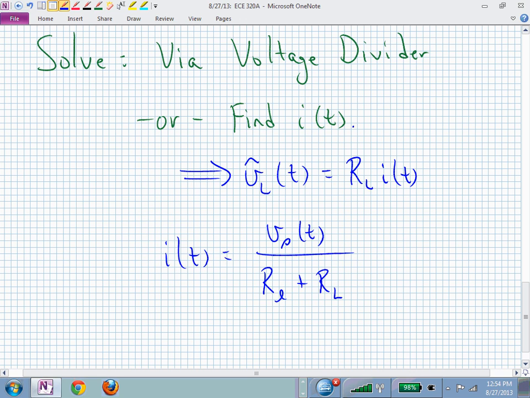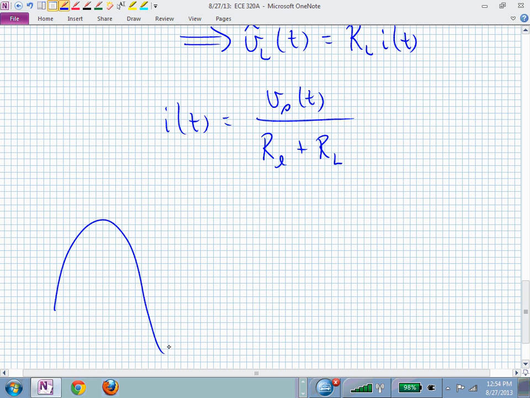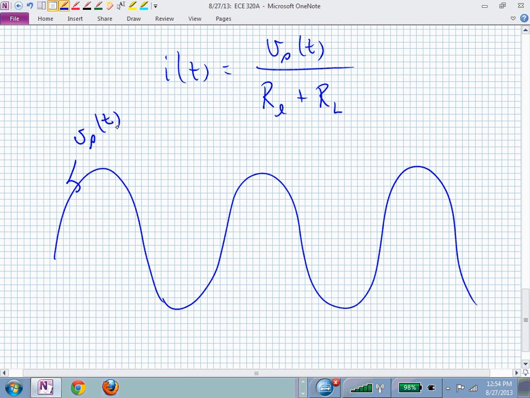And now you know that if your input, oh, that's a great sine wave. You'll do better than I can. But that's, let's say this is now V sub S of t.